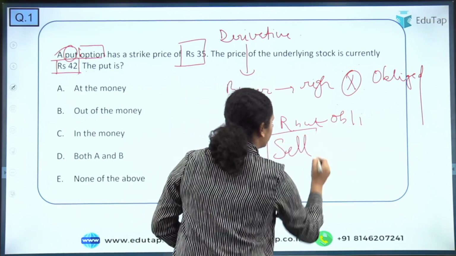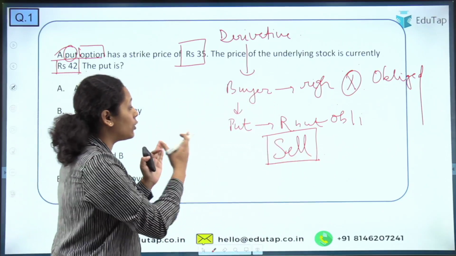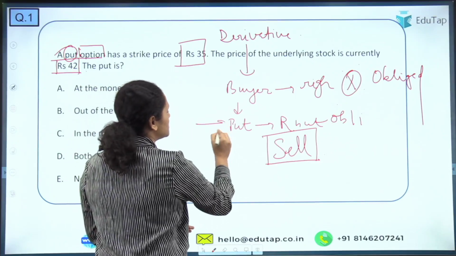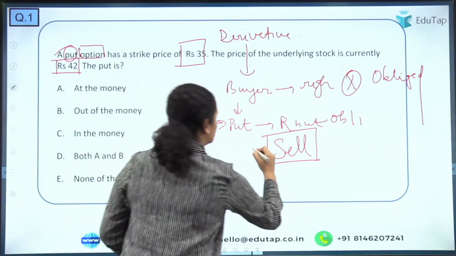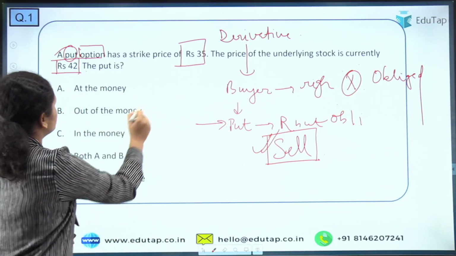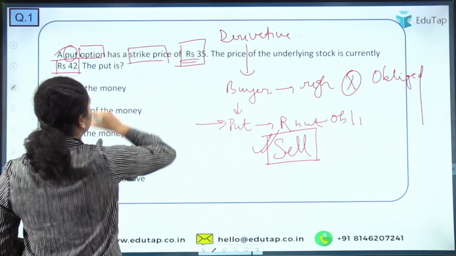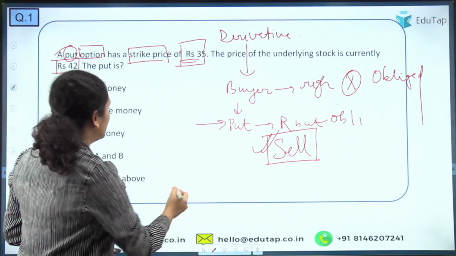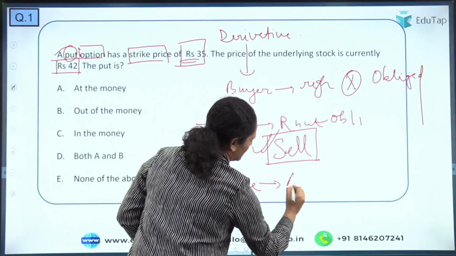Remember, whenever I say buyer, it does not always mean buying. Buyer of a put is a person who has the right but not the obligation to sell the contract. Okay. Now this price 35, which I am referring to as a strike price, is nothing but the price mentioned in the agreement.